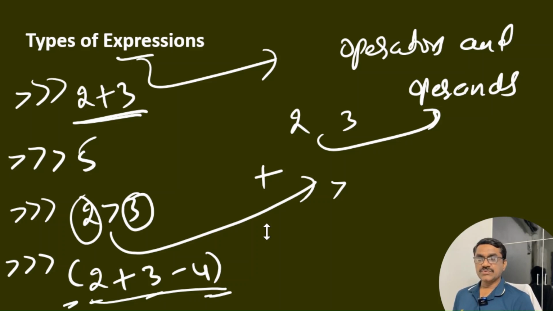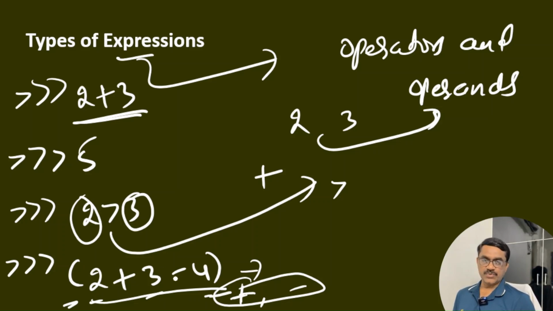Precedence refers to the hierarchy of operators. Here in this expression, we have plus and minus. Whether we have to perform plus first or minus first, which operator to evaluate first, is defined by the precedence. According to the precedence or hierarchy, plus and minus have the same priority. In the sense, you can perform either plus first or minus first, no problem.